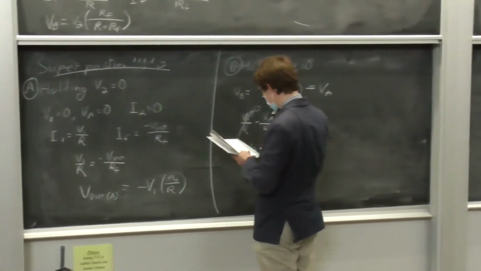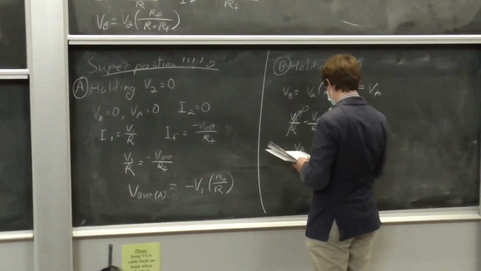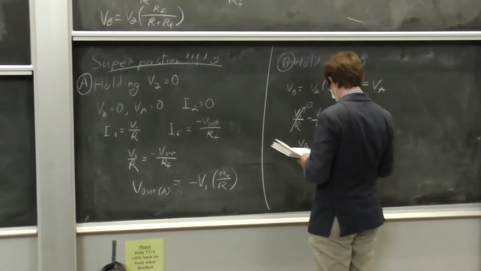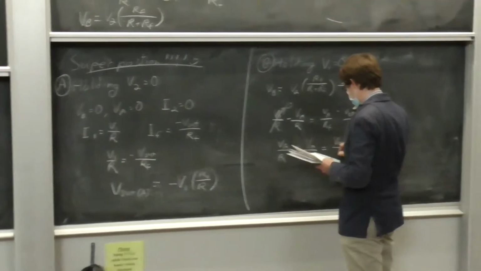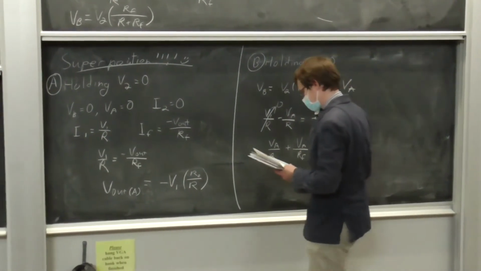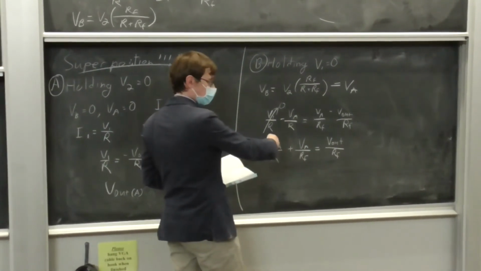VA over R plus VA over RF is equal to V out over RF, which, of course, we got to collect these terms, right?